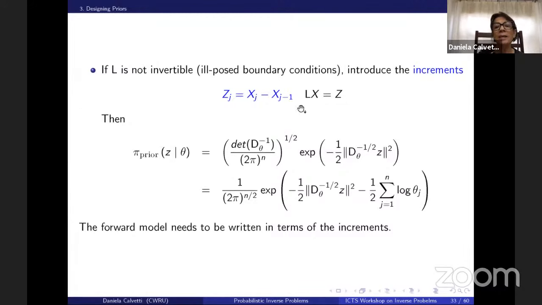In a way, this is very natural, because when I was writing down the conditions for the first order and second order prior, essentially I discretized the signal, and for the first order prior I was looking at the difference between the value of the signal at the current position and at the previous position. You can think that I was really expressing a condition on the increments of the signal as we move forward.